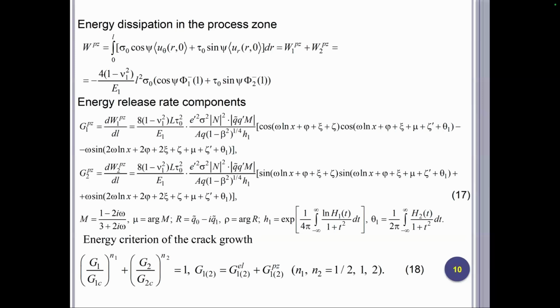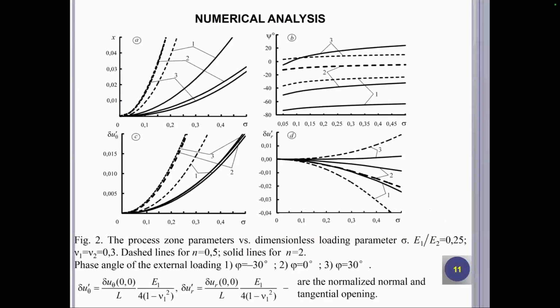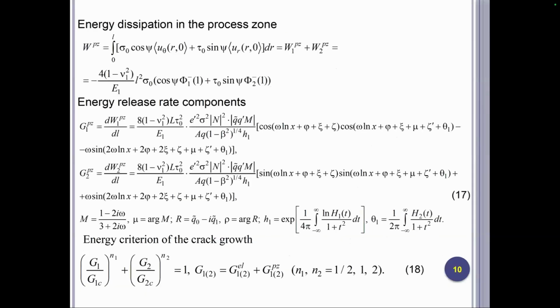And this is done by the formulas on slide 10. We used three values for the powers in criterion 18, namely 1/2, 1, and 2.